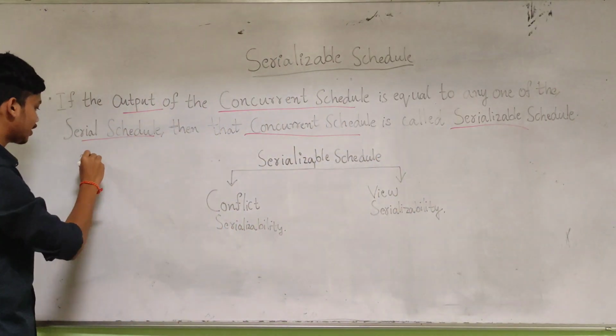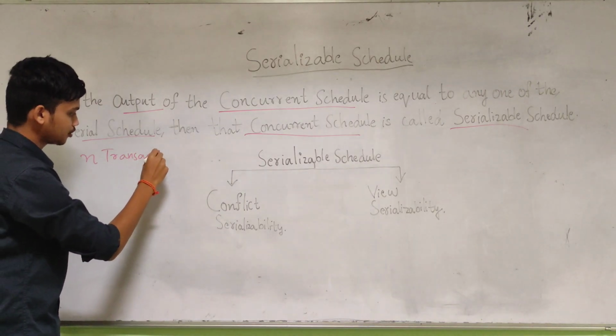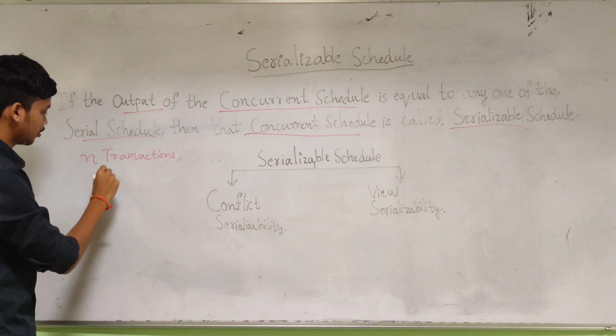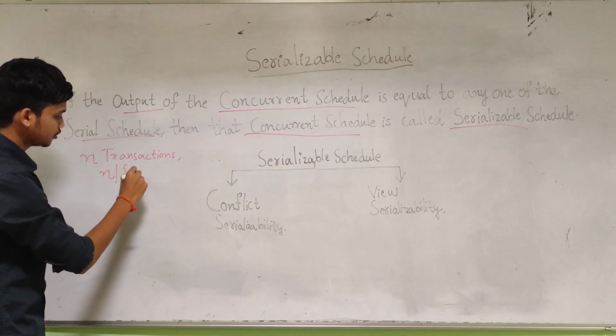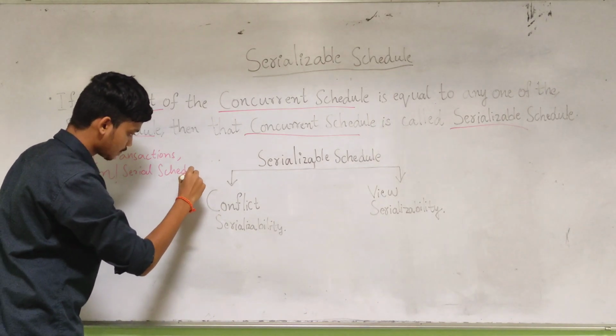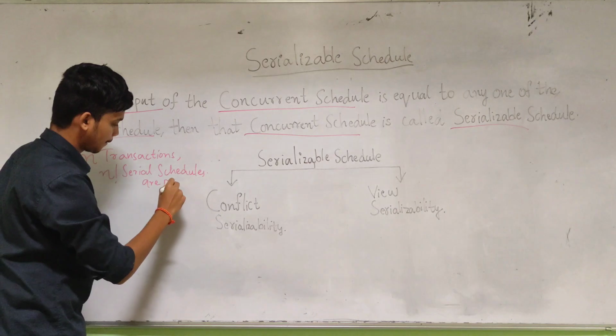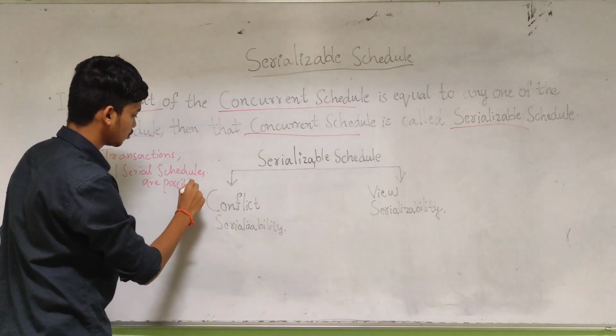So for n transactions, n factorial serial schedules are possible.